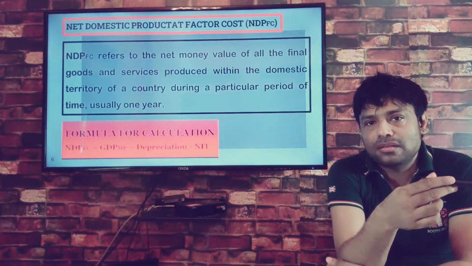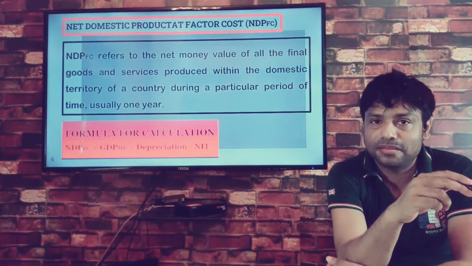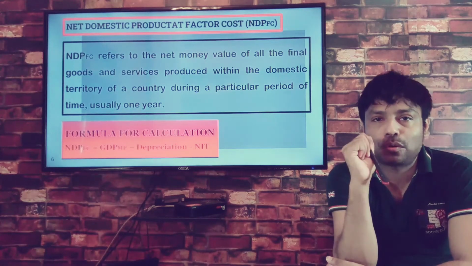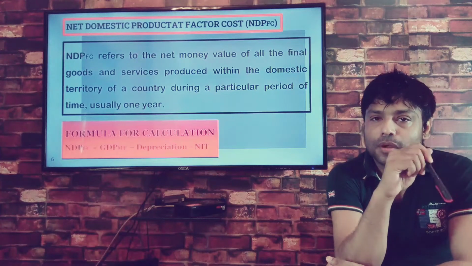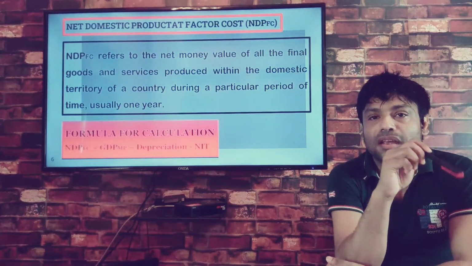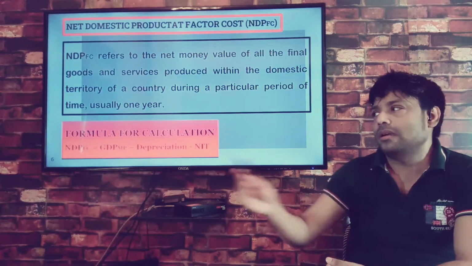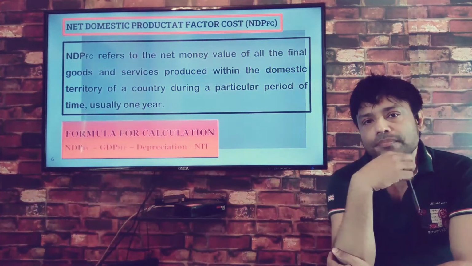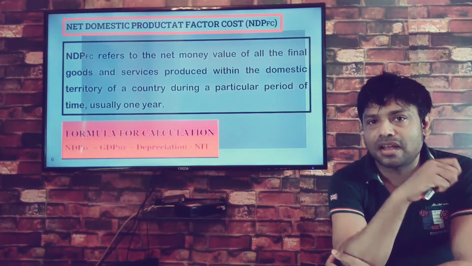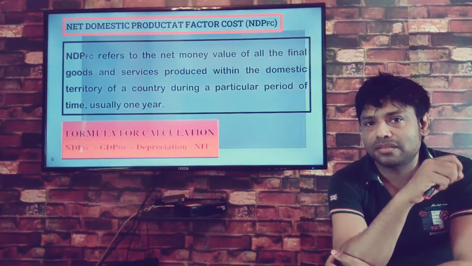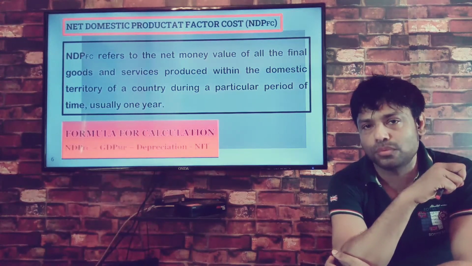When we deduct net indirect tax from the market price, you get the factor cost value. And when we deduct the depreciation from the gross value, you get the net value. So that is why here in this formula, from GDP at market price, we have deducted net indirect taxes and depreciation. I hope you understood the points.